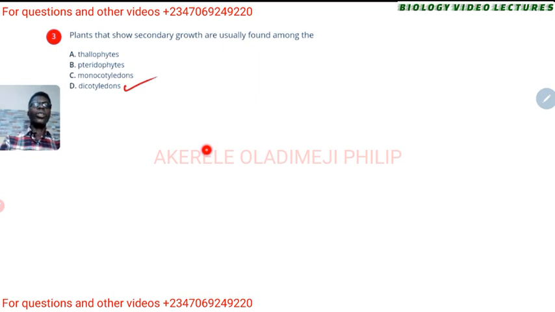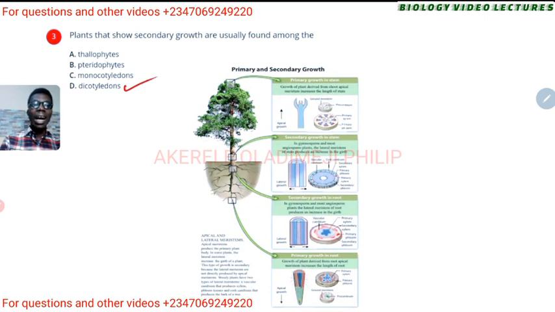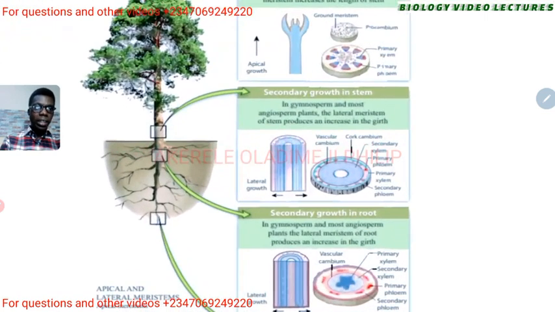Now, for you to have secondary thickening, there are some structures you need to have. You might want to pause the video here. There are two major things that bring about secondary thickening, which are vascular cambium and cork cambium. Those two are the ones that create wood.